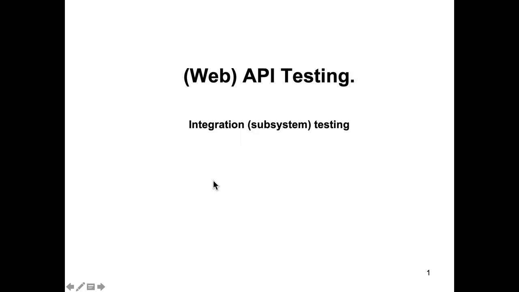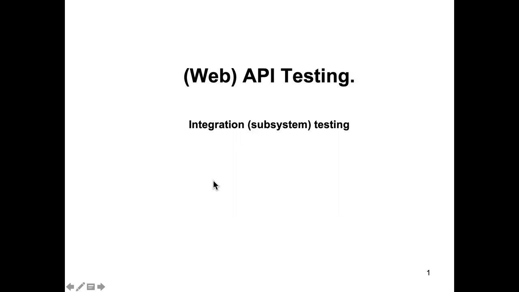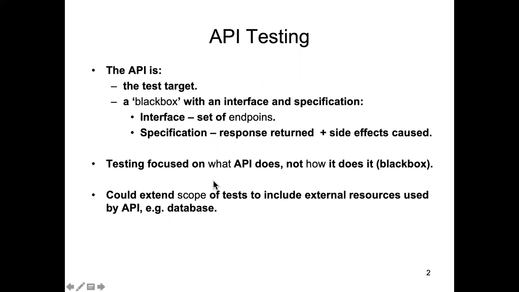The target is the web API, which could really include the database as well, because the web API is going to be talking to a database. So that entire subsystem is the target of our testing. So yeah, the API is the target, but we're assuming that maybe there's a database behind that.